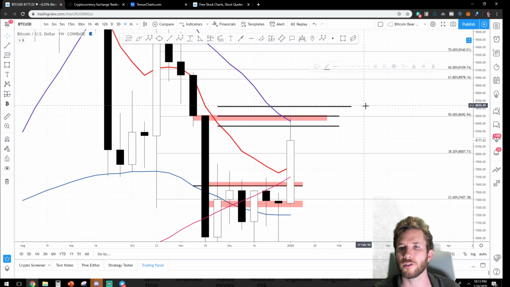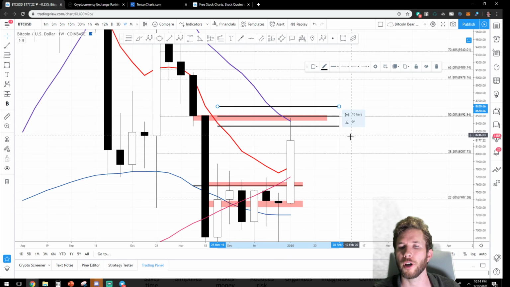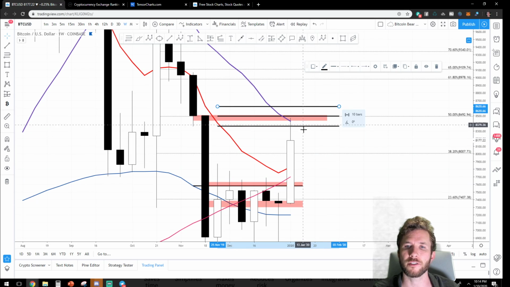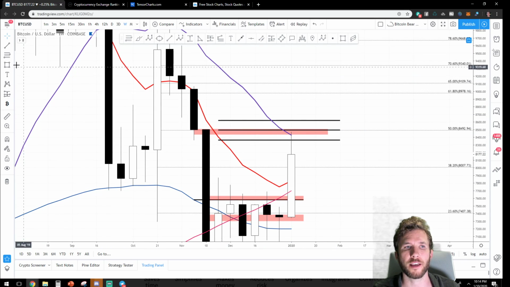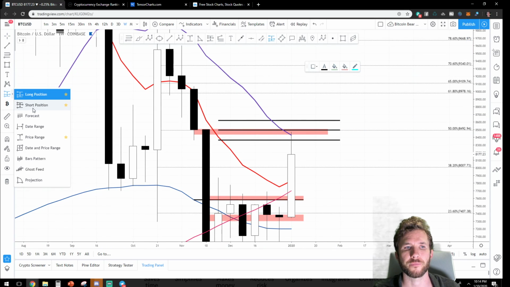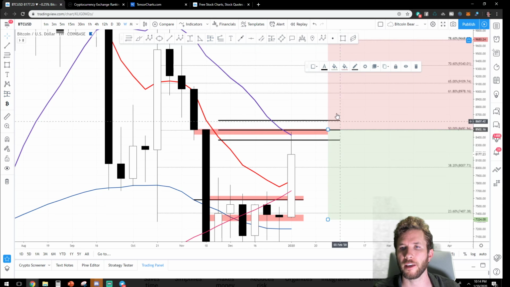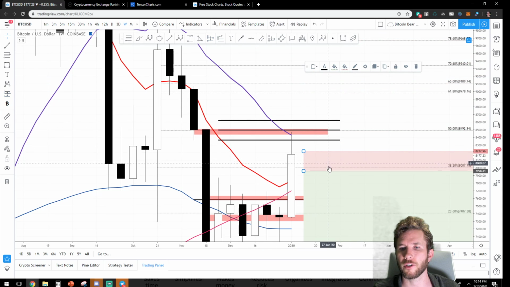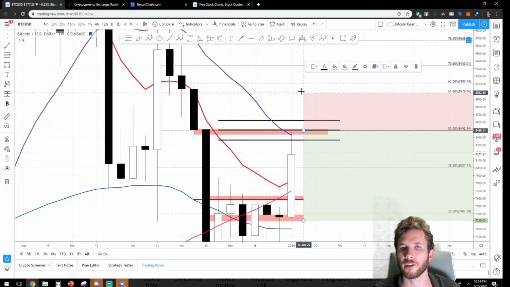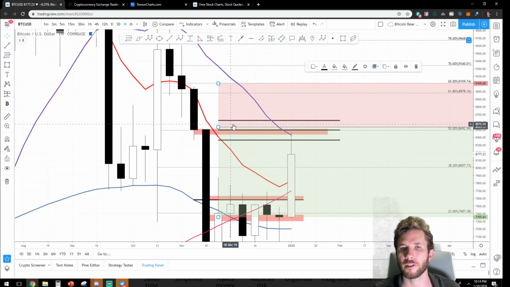Now, this is just for hypothetical examples, but you've got $10 of risk, and let's say your average entry is going to be 8,500, and you want your stop above here.